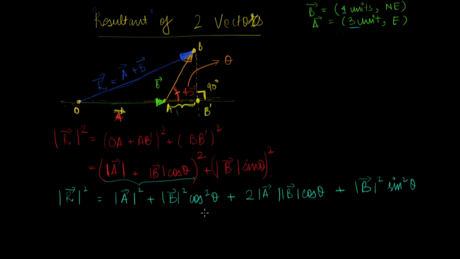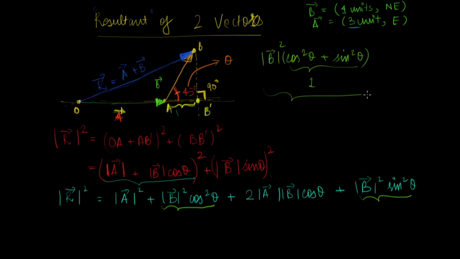Right, so it looks like a very ugly situation, but it can be reduced and simplified. Now, if you have a look at this term here and this term here, you see that they are of the form cosine squared theta plus sine squared theta multiplied by B squared. Now, you know that this expression within the bracket is always equal to 1.